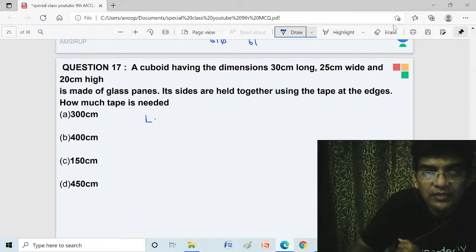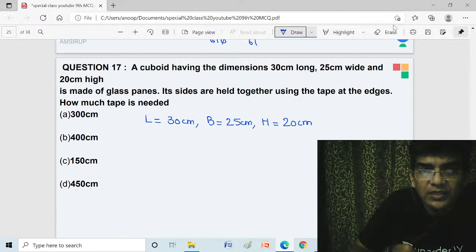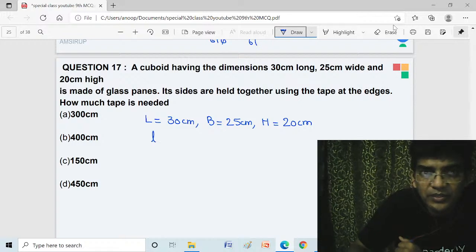Length is given 30 centimeter, breadth is given 25 centimeter, and height is given 20 centimeter, right? Now they are saying the sides are held together using tape at the edges. Now if you are using the tape at the edges, the question says you have to find the length of tape.